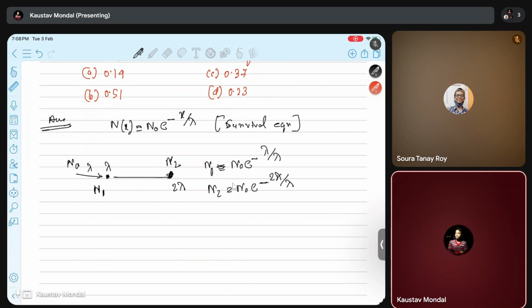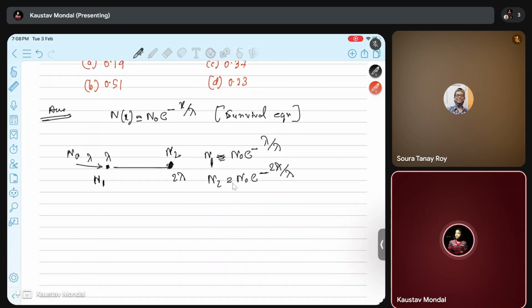Okay. So fraction means n1 by n0 into e to the power minus 1, n1 by n2 into e to the power minus 2.